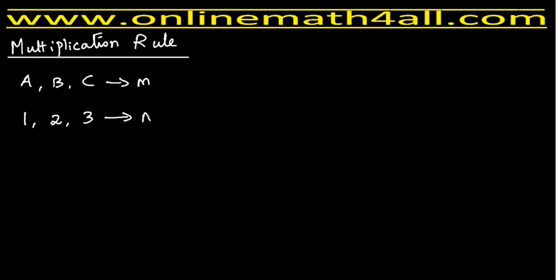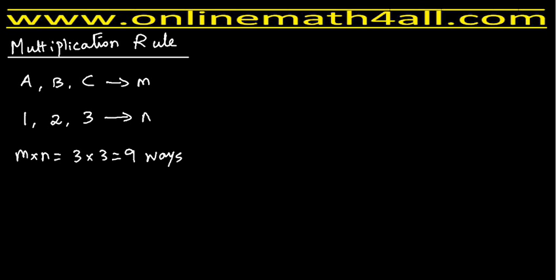So the total number of ways to go to school and come back from the school is equal to m times n, that is, 3 times 3 is equal to 9 ways. So in 9 ways I can go to school and come back from school.